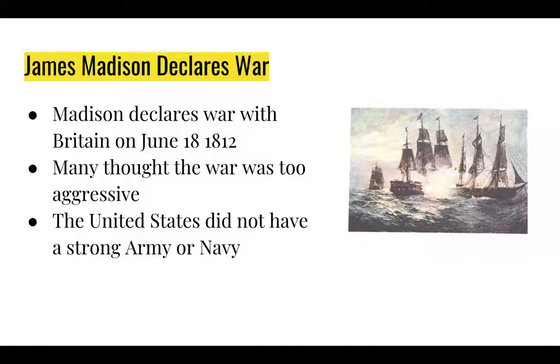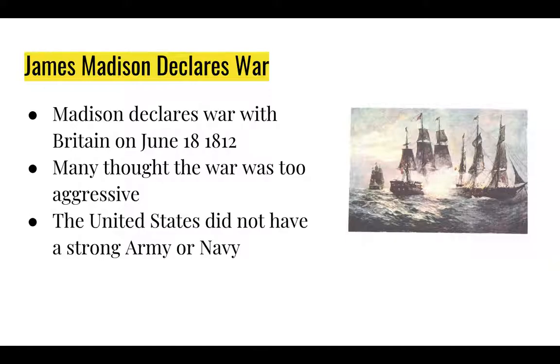Now, one of the reasons the people that didn't want to go to war felt that way is that the United States didn't have a strong army or navy. Thomas Jefferson, the president before Madison, began to dismantle a lot of the armies that had been built up from the American Revolution because they were so expensive to maintain. You had to pay all of these soldiers.